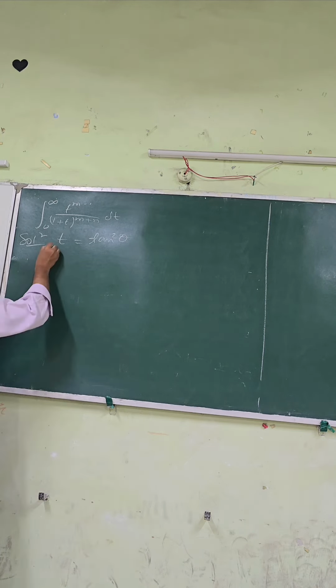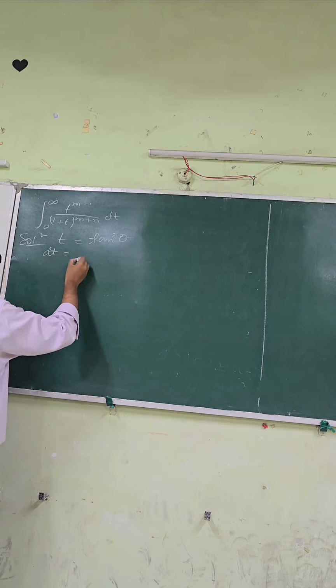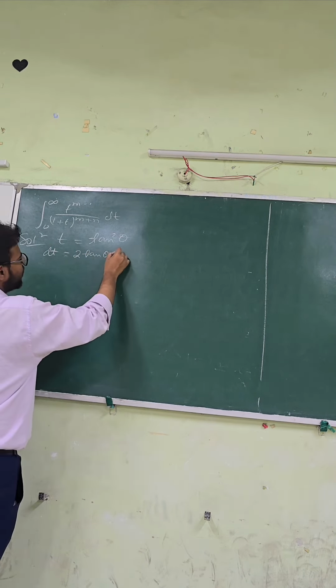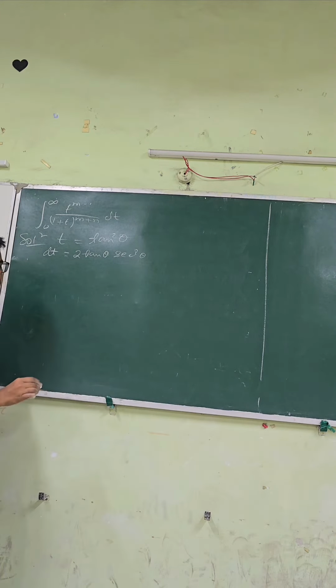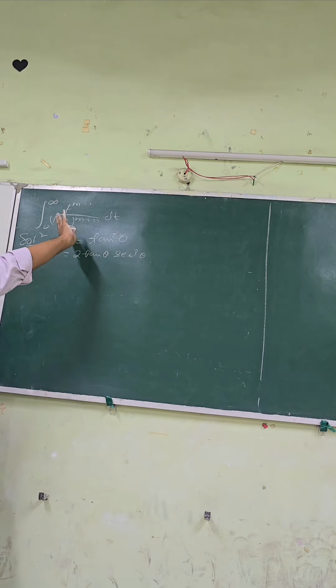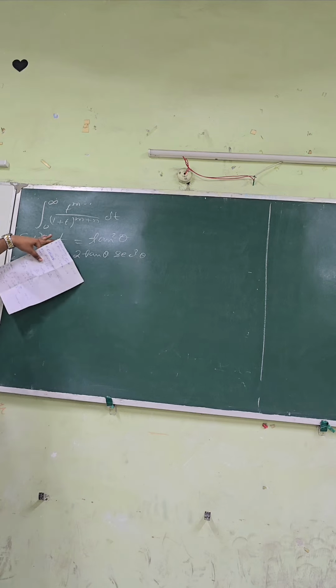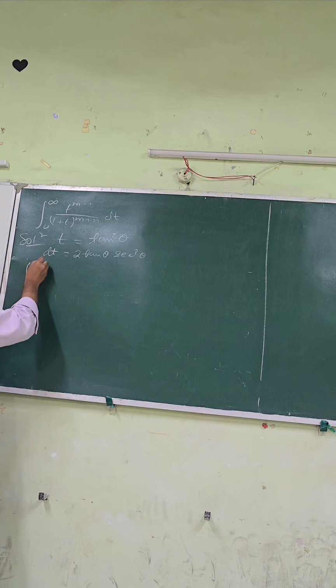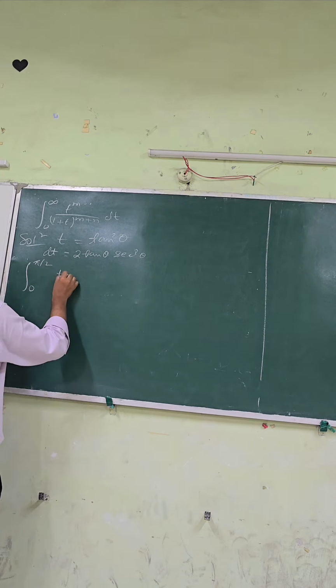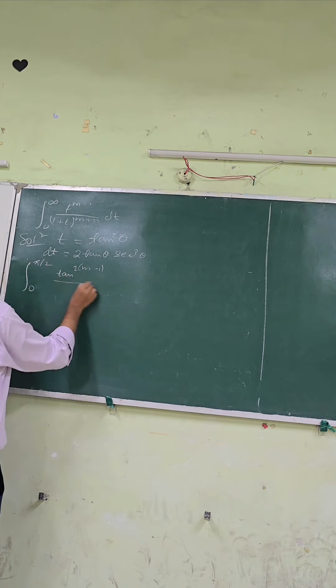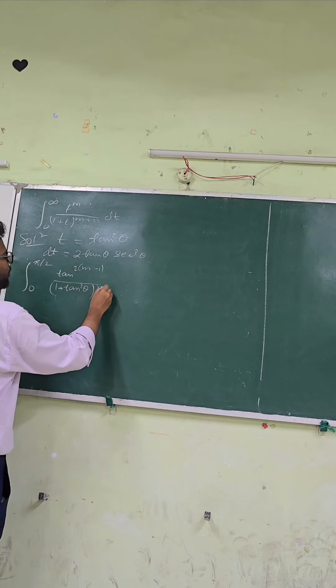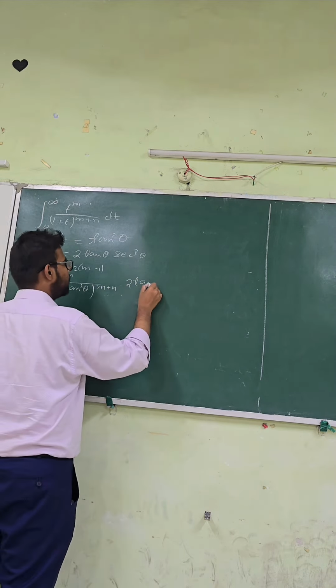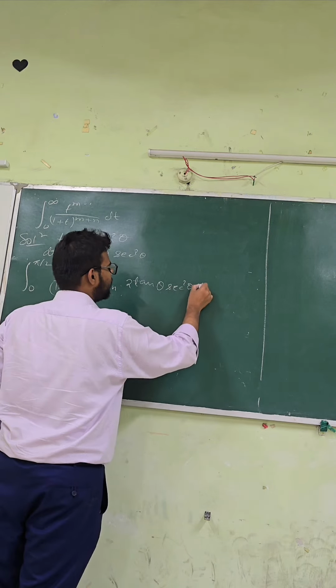Okay, so dt is equal to 2 tan theta into sec squared theta, right? You get this. Okay, so notice that when t is equal to 0, then theta is also equal to 0, and when t is equal to infinity, then theta is equal to pi by 2, right? So you get the limit 0 to pi by 2, halfway done, right? You get tan to the power 2m minus 1 by (1 plus tan squared theta) to the quantity m plus n, into 2 tan theta sec squared theta d theta, right?